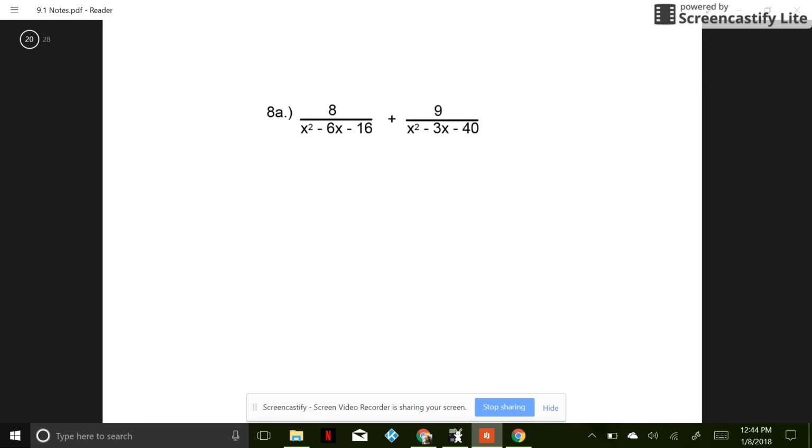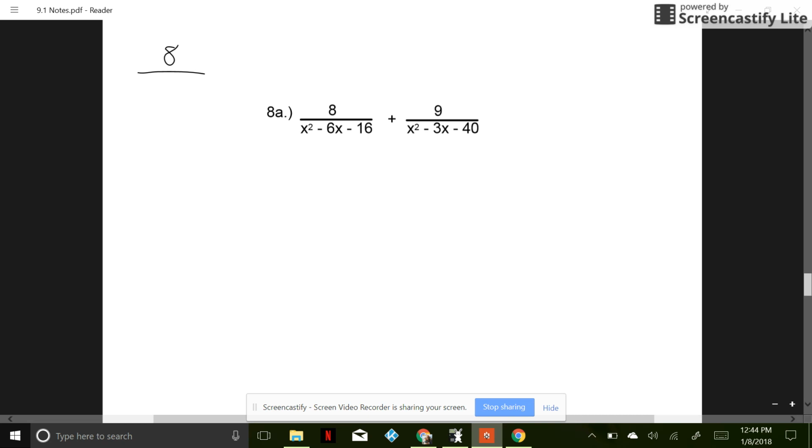Number 8a here. So first thing we want to do is factor our denominators. So we'll get 8 over x minus 8, x plus 2. In our second term, our denominator is going to factor to x minus 8, x plus 5.